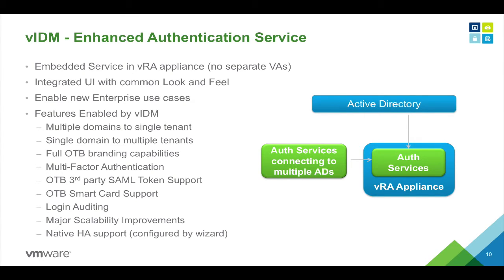First and foremost, VIDM is embedded into the core appliance. It's automatically clustered as part of the architecture during deployment and provides accelerated authentication services that leave SSO in the dust. Most importantly for a lot of our customers, VIDM brings in the ability to incorporate external authentication providers, so SAML 2.0 providers and other multi-factor and two-factor authentication providers.